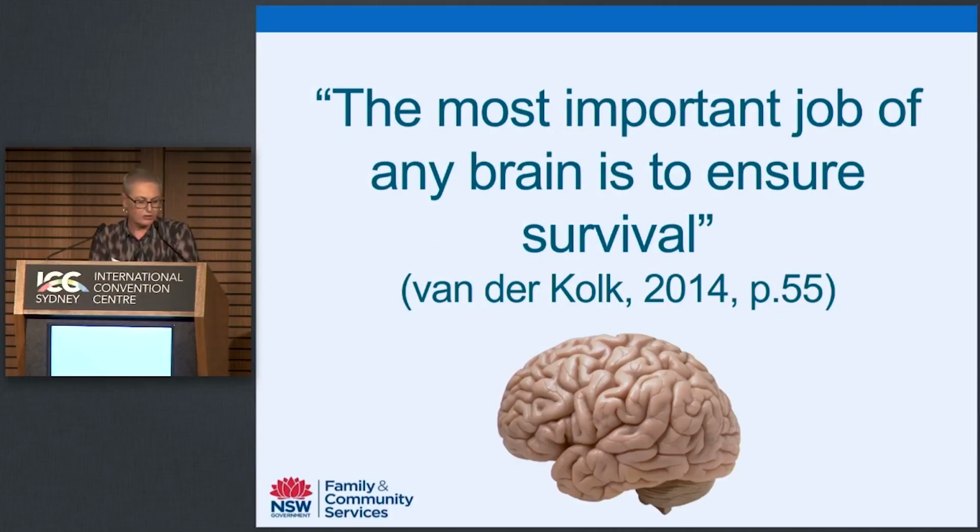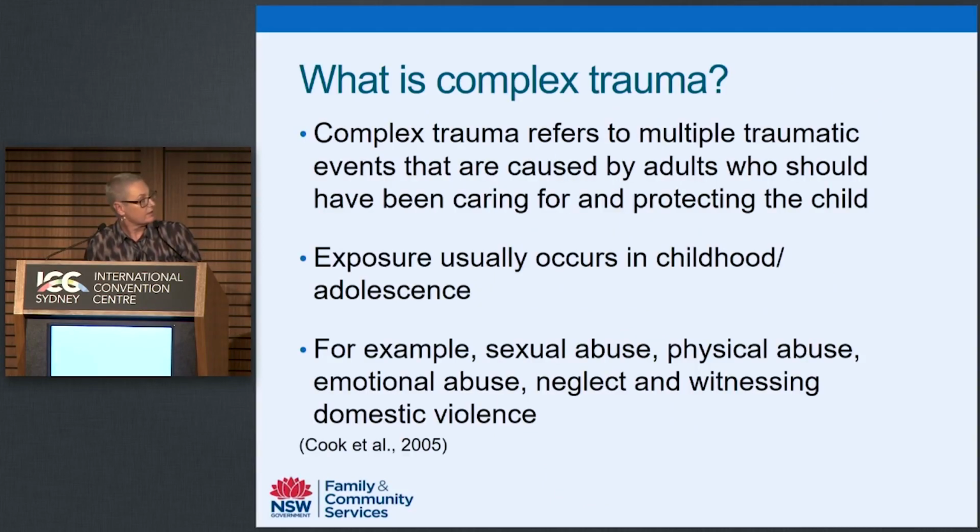So the most important job of any brain is to ensure survival. And that is so true. Complex trauma is trauma that occurs. I think the most important thing about complex trauma, the way that I think about it, is that the person that is meant to be looking after you is causing you harm.